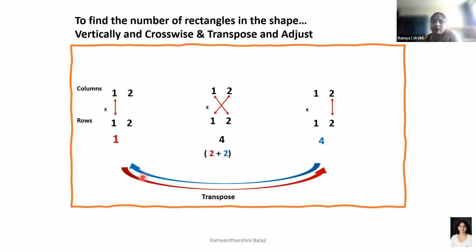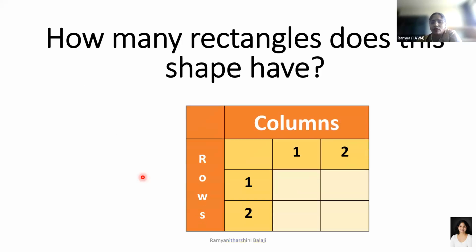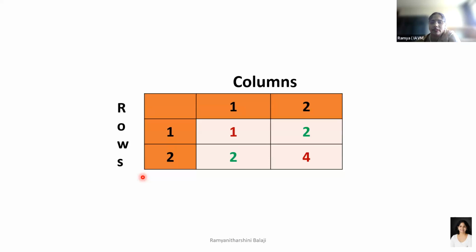I just converted this to a multiplication matrix, 1, 2, and 1, 2, the row and the column. You can see that 1 times 1 is 1, 1 times 2 is 2, 2 row into 1 column is 2, and 2 into 2 is 4. It's like going back to the multiplication table basics.